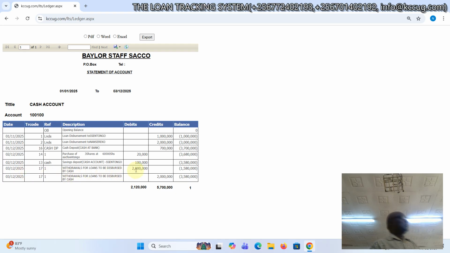So indeed the 2 million that was withdrawn from the bank is being shown here on the cash account. However, you are going to have money that was disbursed. This was disbursed.